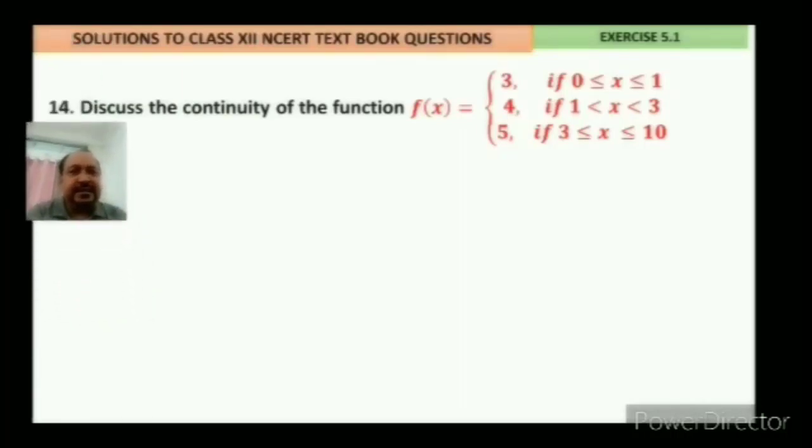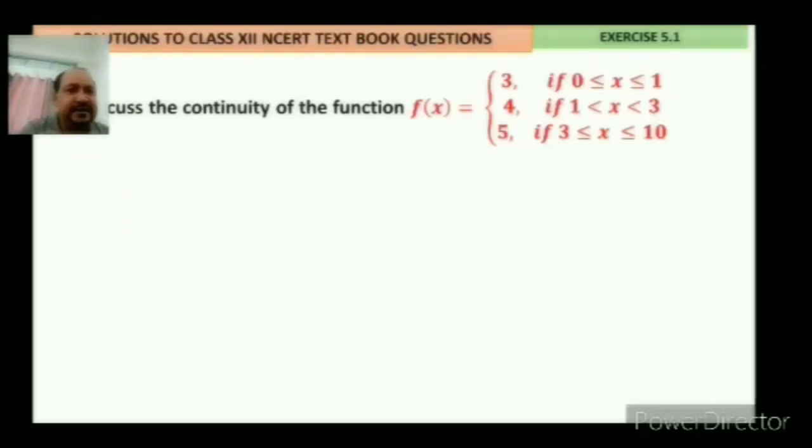Question number 14. Discuss the continuity of a function. The function is defined differently under different conditions. It is 3 when x is greater than or equal to 0 but less than or equal to 1, and it is 4 when x is greater than 1 but less than 3.